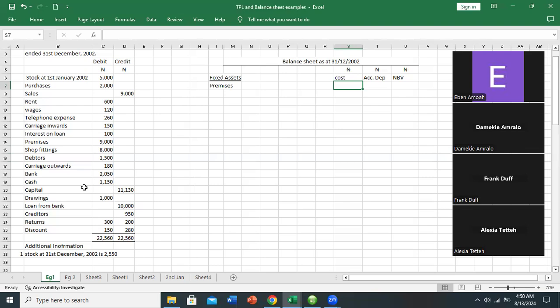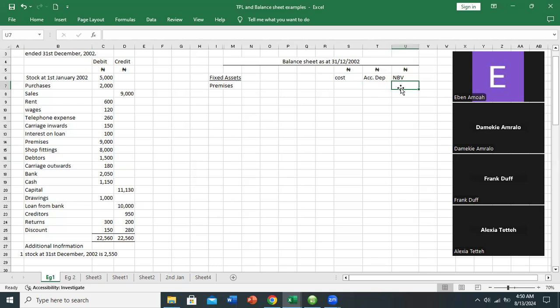So if the examiner wants you to bring in depreciation, he or she is going to give you details about depreciation. So in this question, you don't see anything about depreciation here. There's no depreciation, right? Unless I'm not seeing well, but I don't see any word here, depreciation. So it means the assets were not depreciated. In that case, you can avoid writing cost and accumulated depreciation.